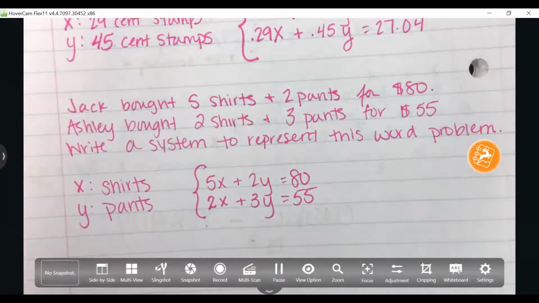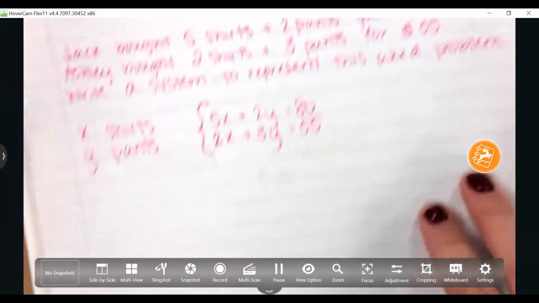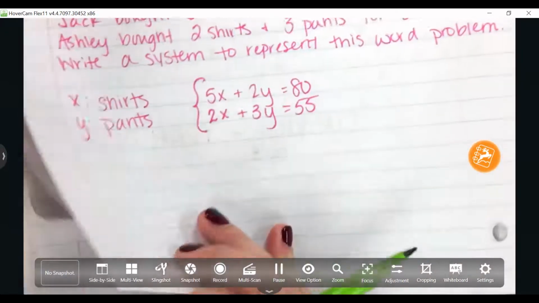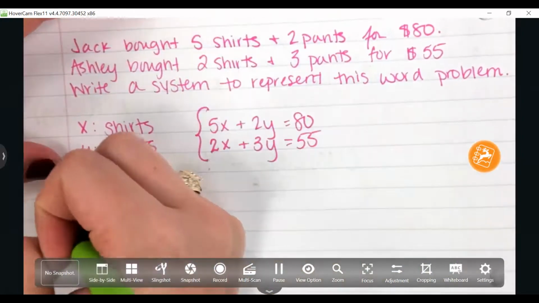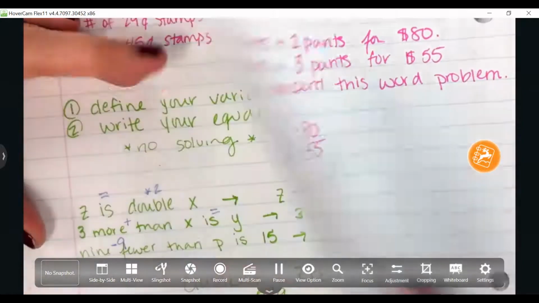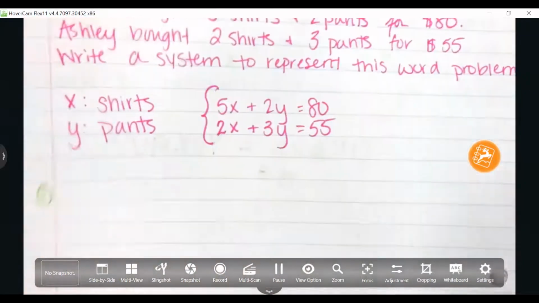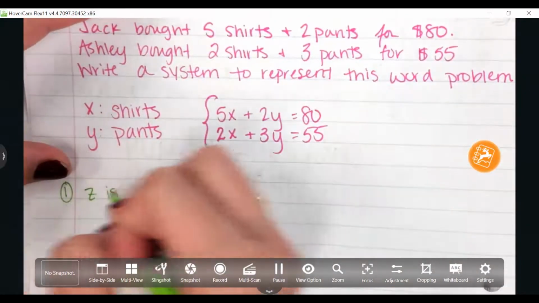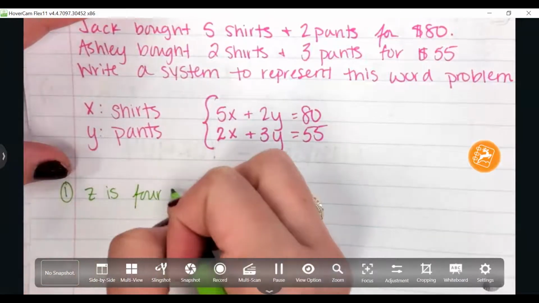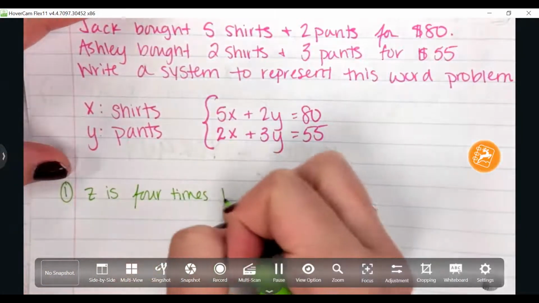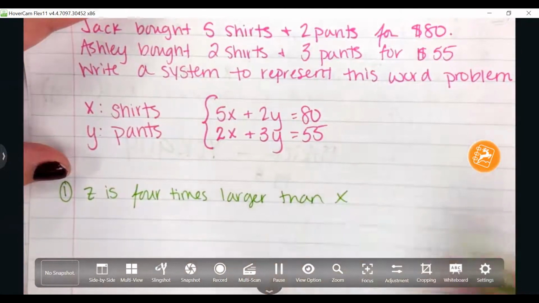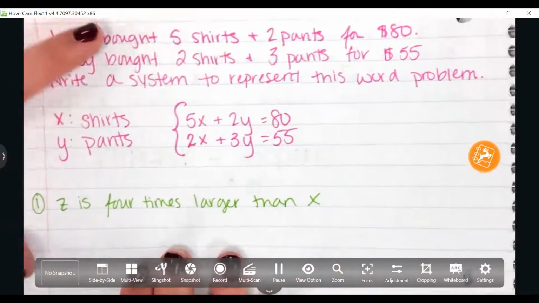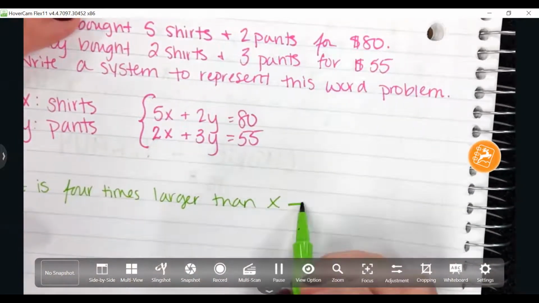Let's really quick talk about some vocabulary words. If you've already done your homework this week, then this should be fairly simple for you. So the first one we're gonna say is, Z is 4 times larger than X. How would I write that as an equation?